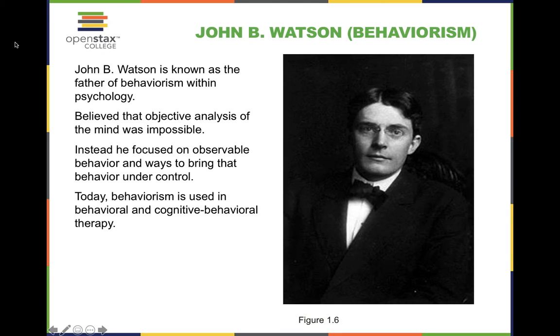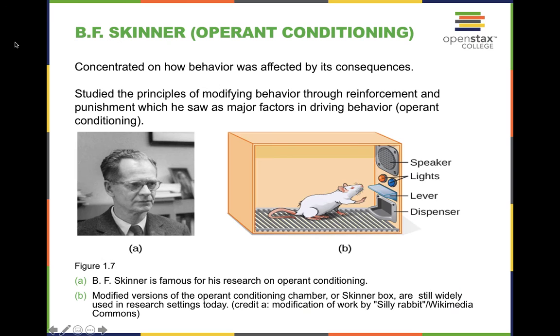The thing that Watson is most known for as far as his experiment is the Little Albert experiment, which we'll dive into a little later in later chapters. The Little Albert experiment showed classical conditioning, which is based on Edward Thorndike's law of effect, which states we're more likely to engage in a behavior if it yields a pleasant consequence and less likely to engage in a behavior if it yields an unpleasant or neutral consequence.